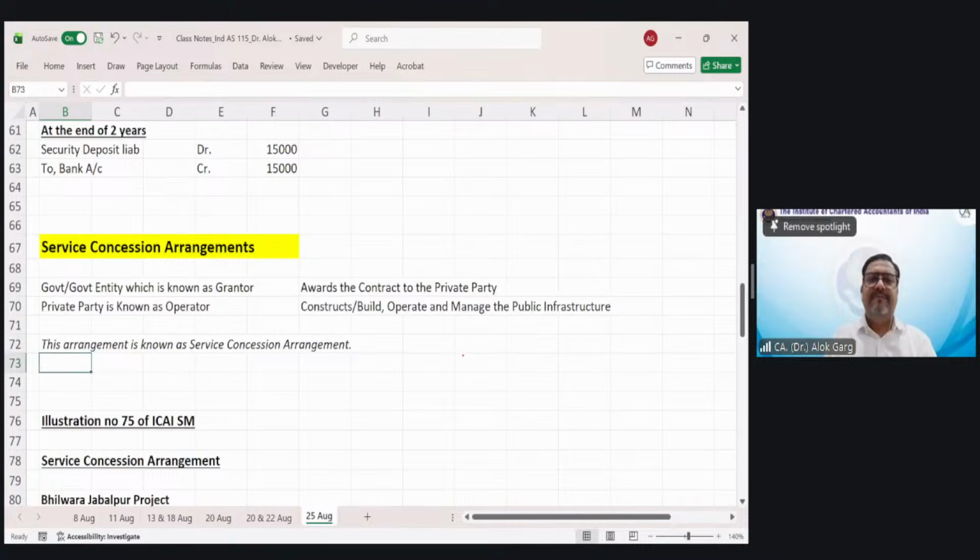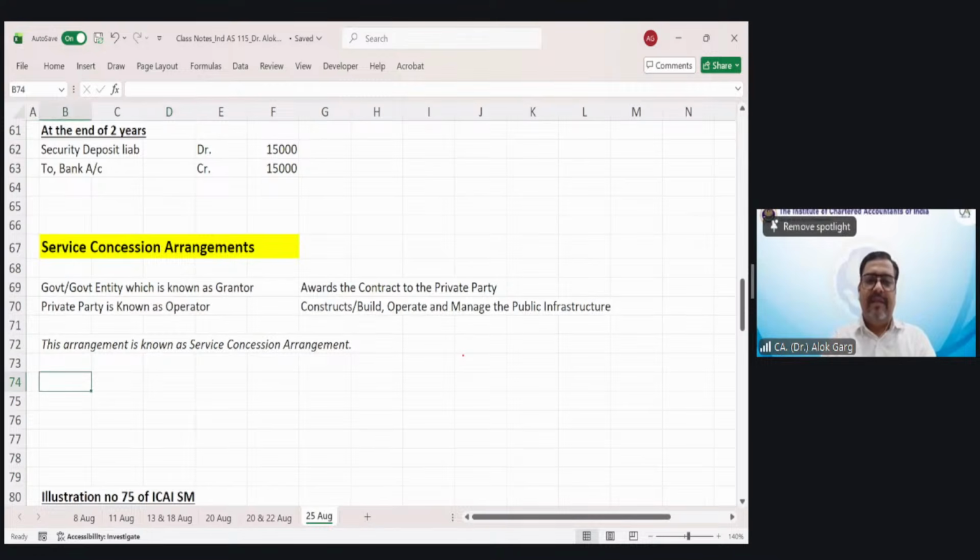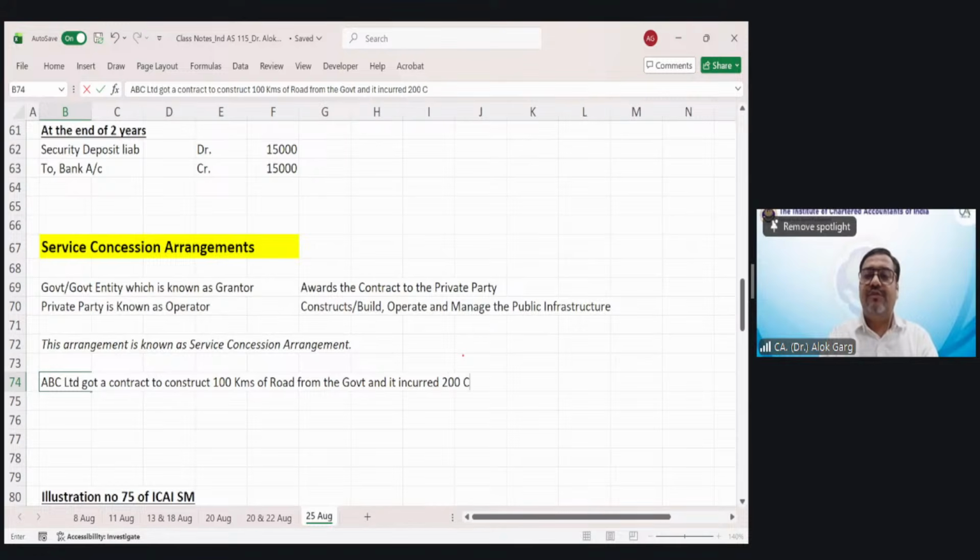Clear? Now the question arises. For example, ABC Limited got a contract from the government to construct 100 kilometers of road, and it incurred 200 crores of construction cost.